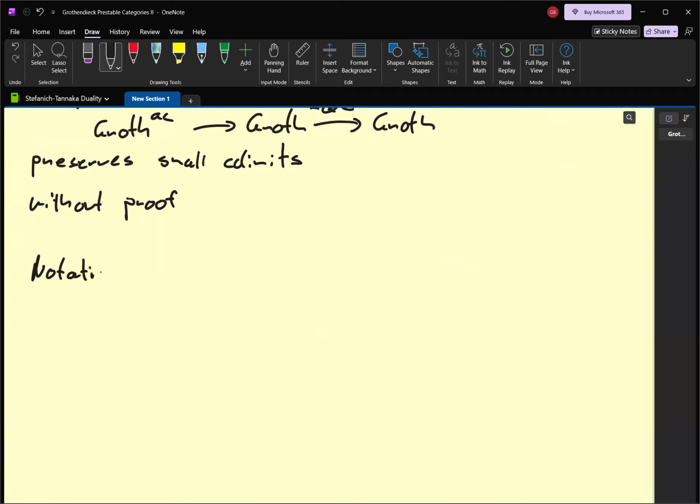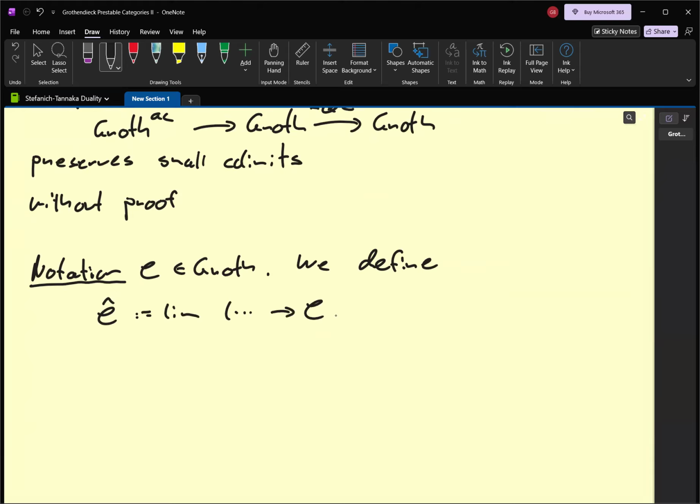For an object C in Groth, we define C hat simply as the limit of the obvious tower.